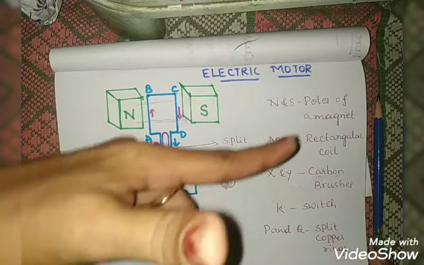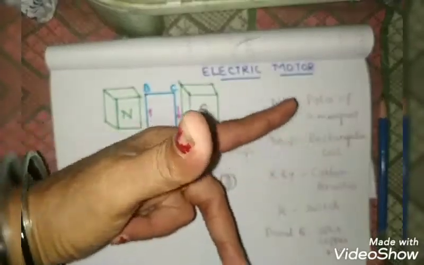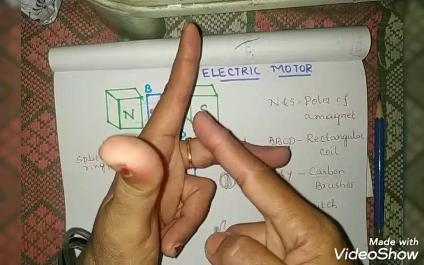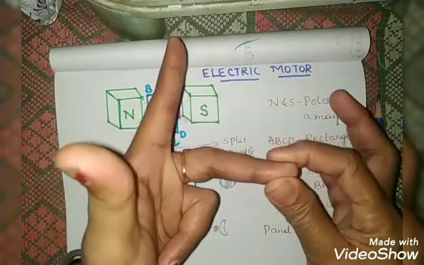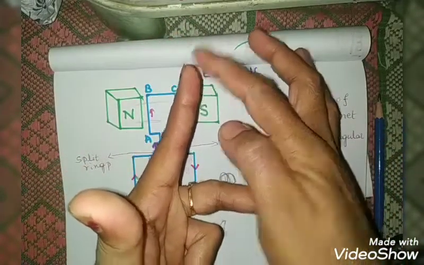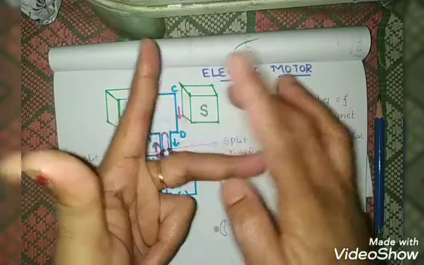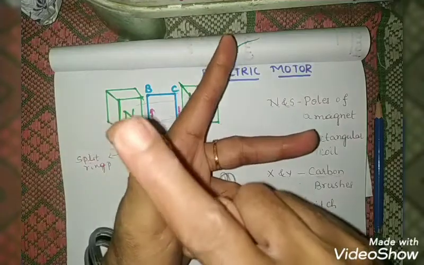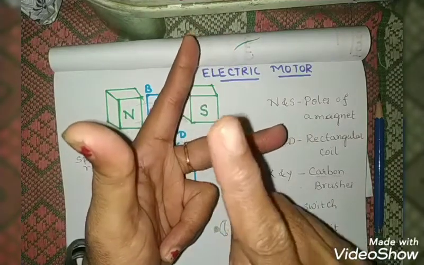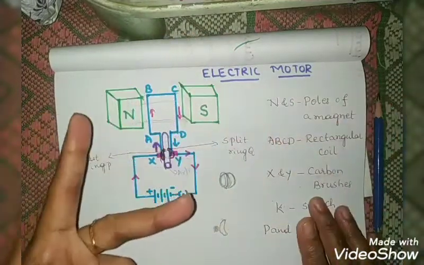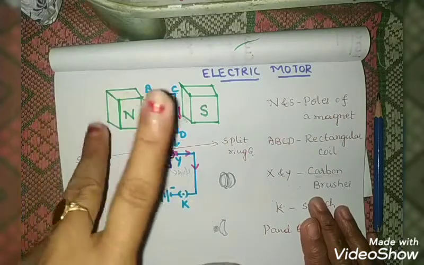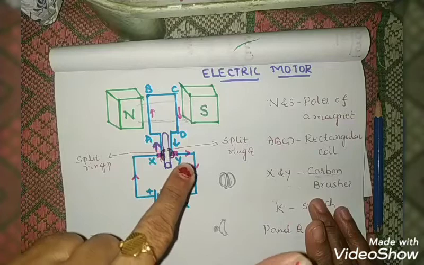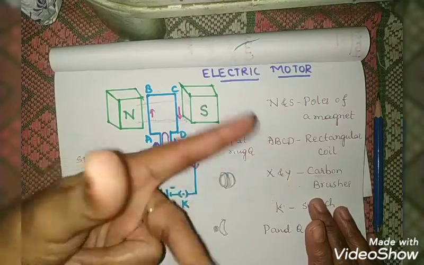When we stretch our left hand such that the three fingers of our left hand, the forefinger indicates the direction of the magnetic field, the middle finger indicates the direction of the current, and then the thumb indicates the direction of the mechanical force experienced by the conductor, children. In that way, we should understand this. Otherwise, we can't tell this, isn't it?